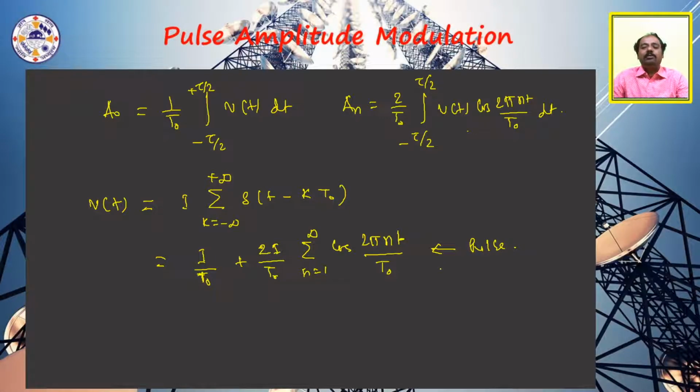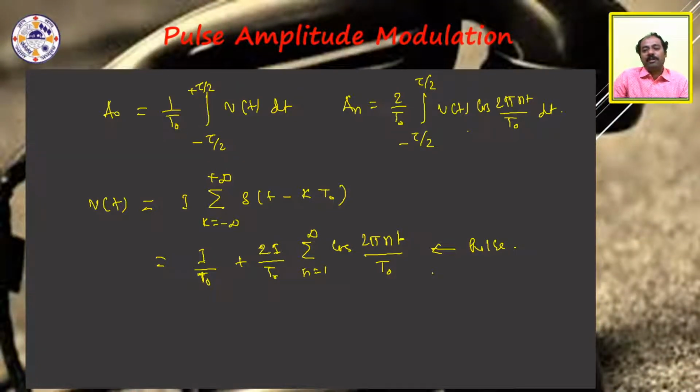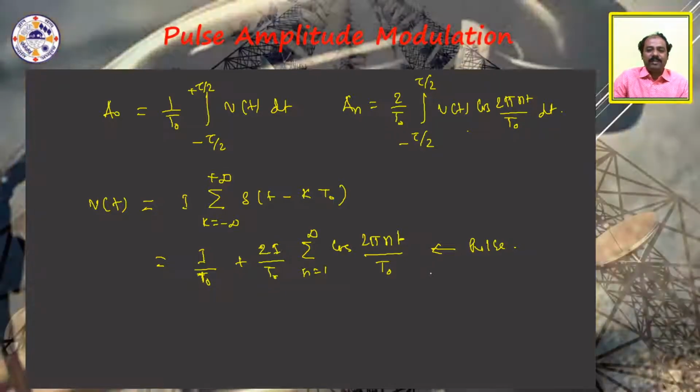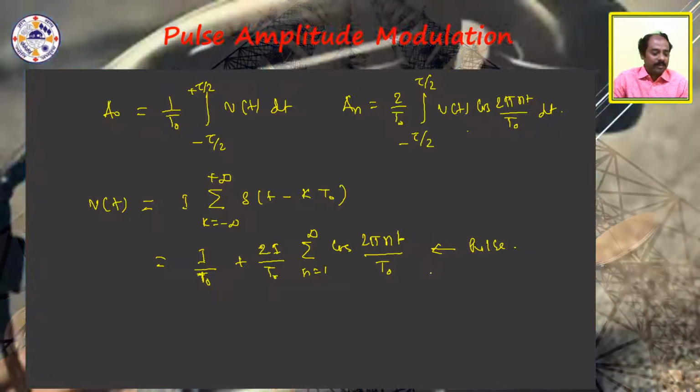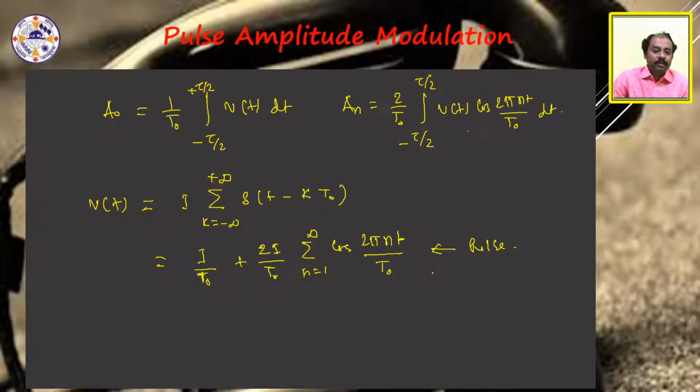Now I want to give an idea about pulse amplitude modulation. Pulse amplitude modulation comes under the common name pulse modulation, and pulse amplitude modulation is the most famous. There are various kinds of pulse modulation like pulse position modulation, pulse time modulation, frequency modulation, etc. So we are going to discuss here the pulse amplitude modulation.